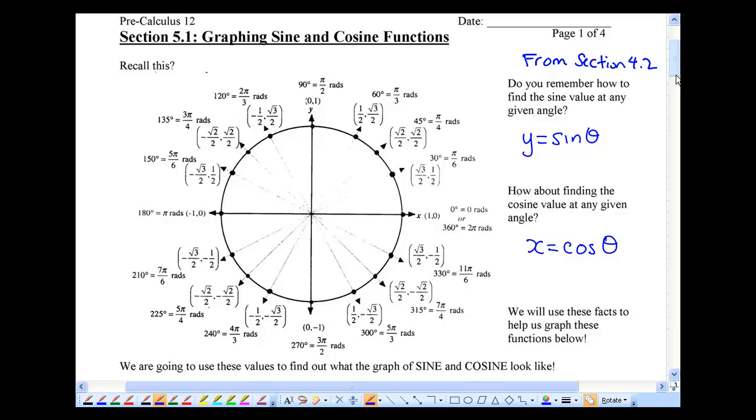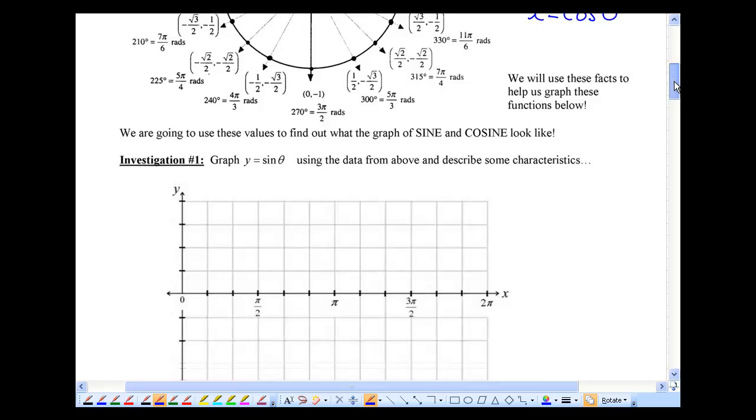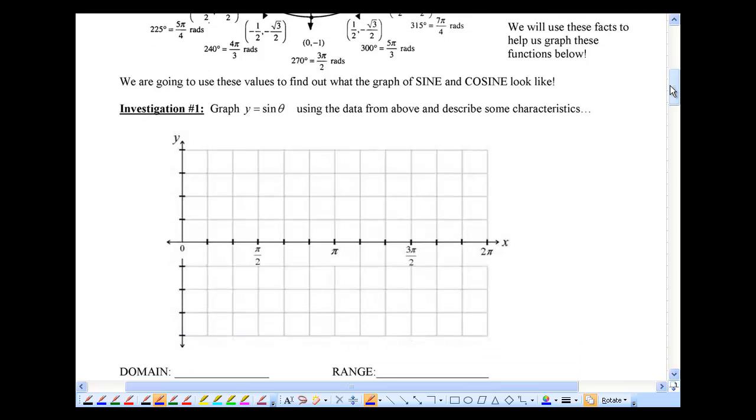Okay. Well, we're going to use these facts today to help us graph these functions. We're going to use this idea to find out what the graphs of sine and cosine actually look like. So here's investigation number 1. I'm going to ask you to graph y equals sine theta using the data from above.